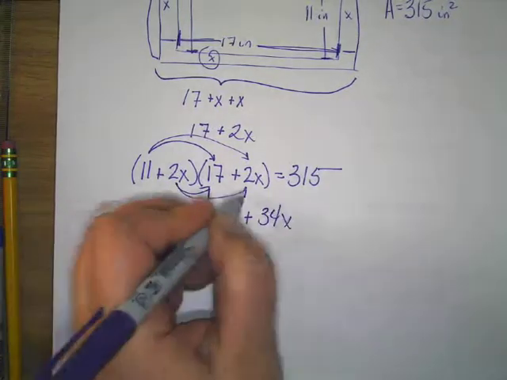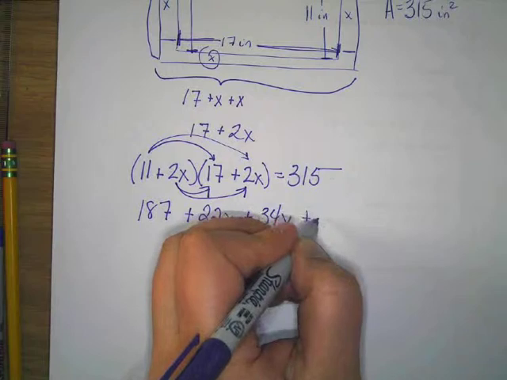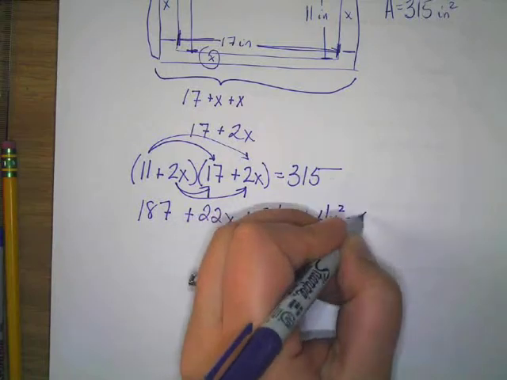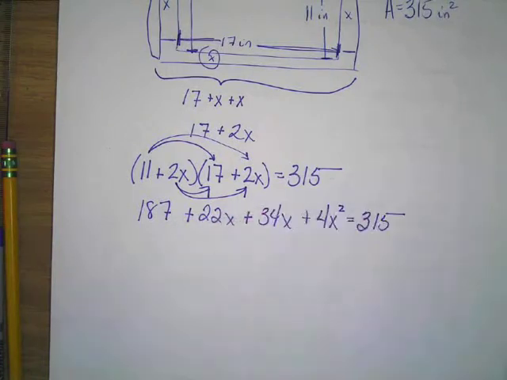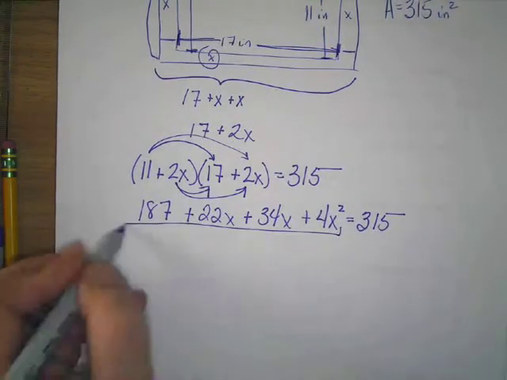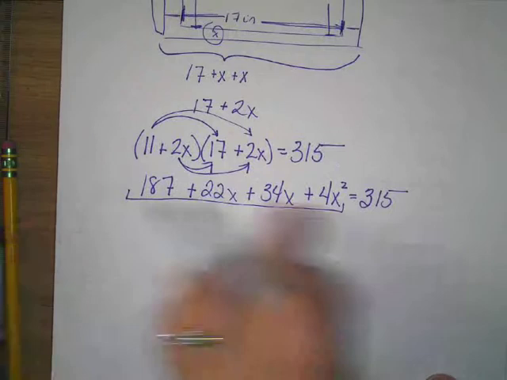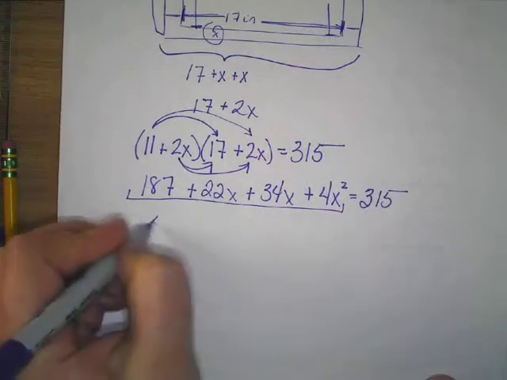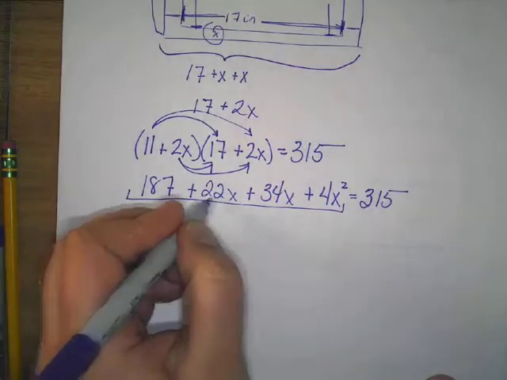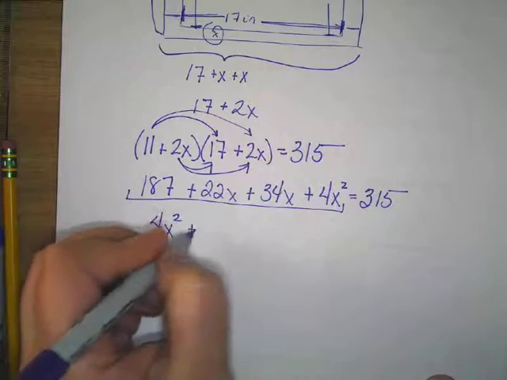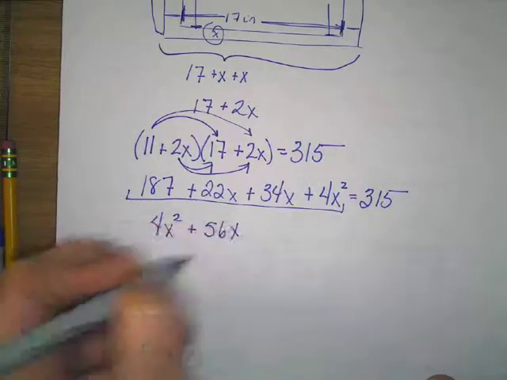And then 2x times 2x. So can we simplify this side? And I'm going to write it in the right order. So what has to come first? The squared, right? So 4x squared. And then I have 22x plus 34x. 56?